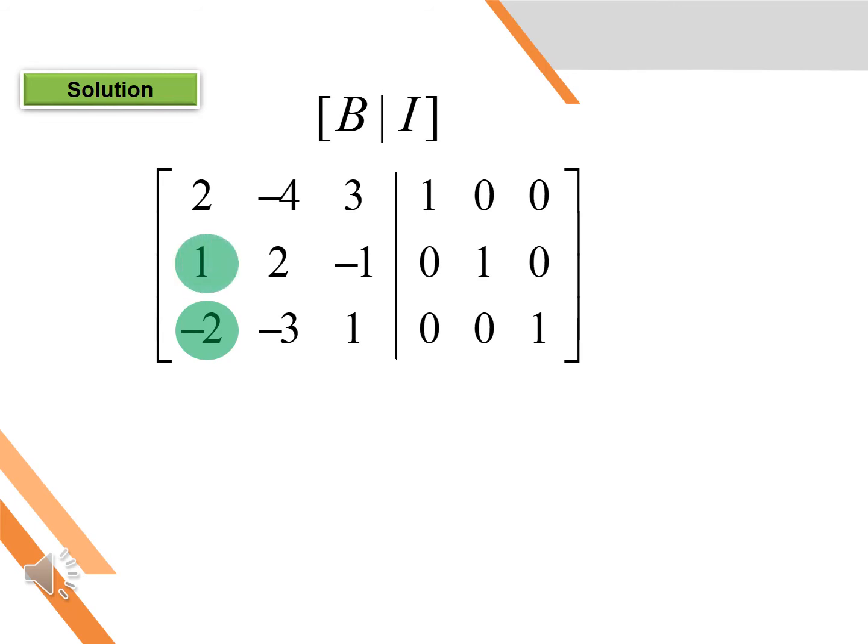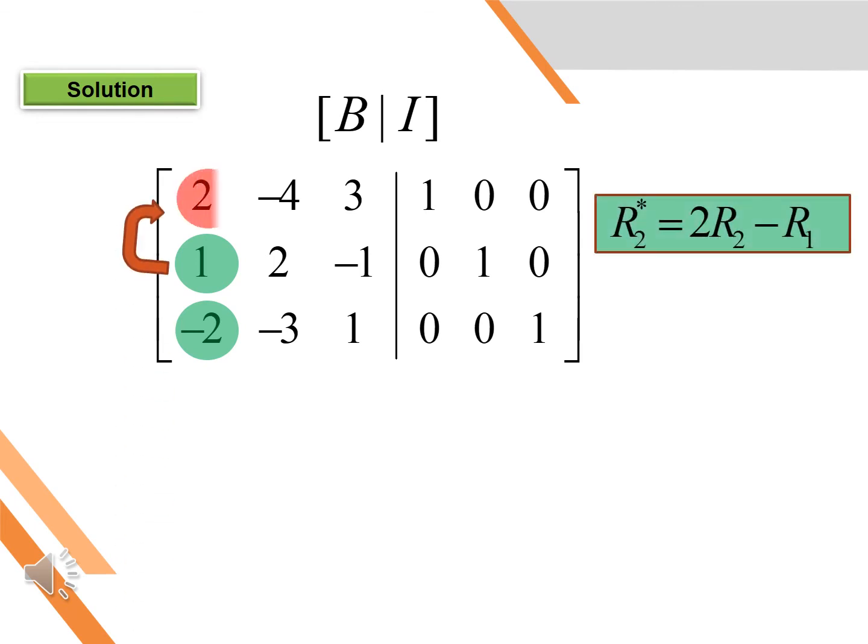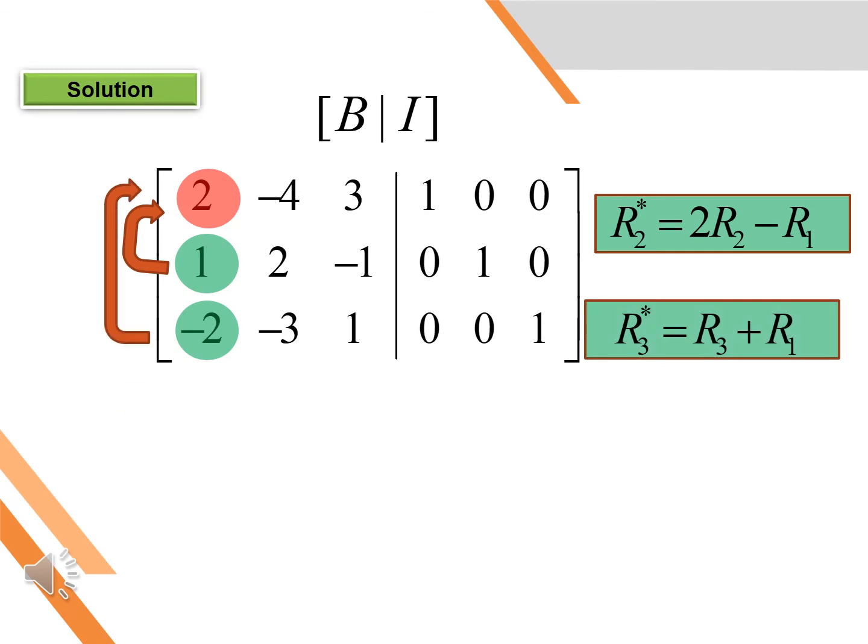So this is the formula. Replace row number 2 using the formula 2 row 2 minus row number 1. And for the third row, we replace row 3 using the formula row 3 plus row number 1.